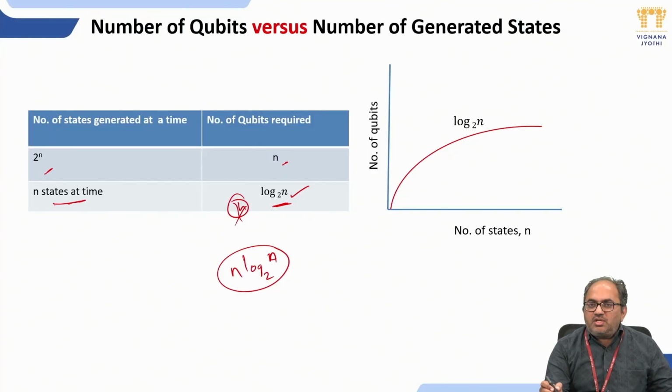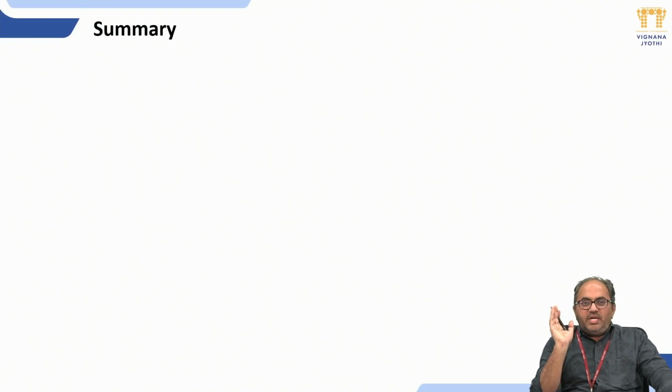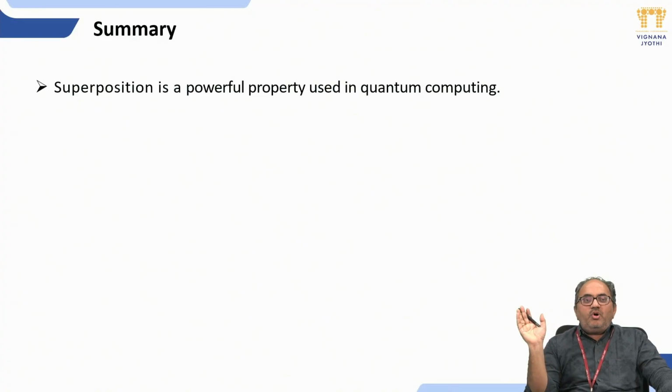Now you see the graphical representation. Number of states generated along the x-axis, number of qubits that you want along the y-axis. So if the number of states that you want increases, the number of qubits required increases only logarithmically. So what is the conclusion from this? Very, very powerful property we understood, because of this superposition property used in generation of a qubit.